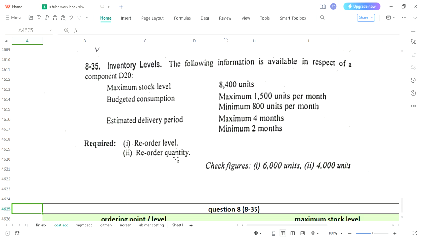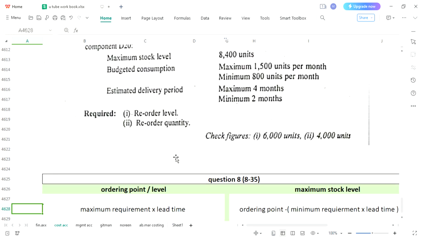By definition, it's the number of units with which you can get maximum economy. You can optimize, you can get maximum benefit, meaning low cost and high rate of profit, with those number of units. But right now we are not discussing this reorder quantity in detail because a separate chapter is present, we will be discussing it at that point.